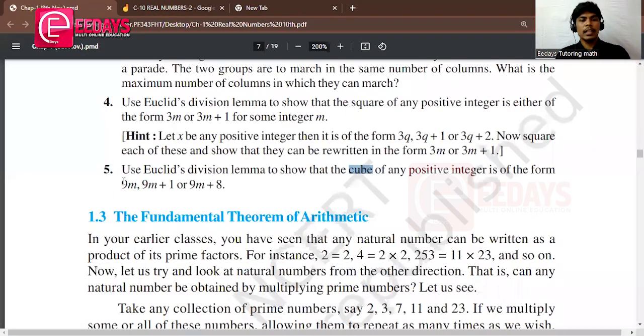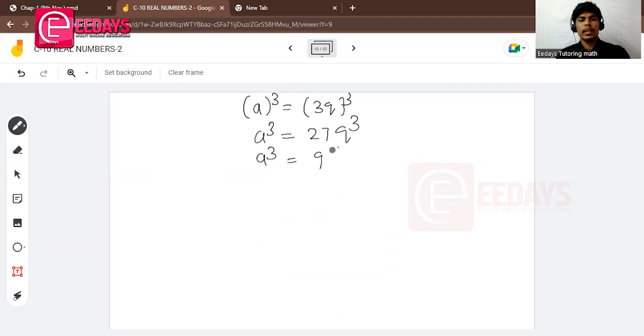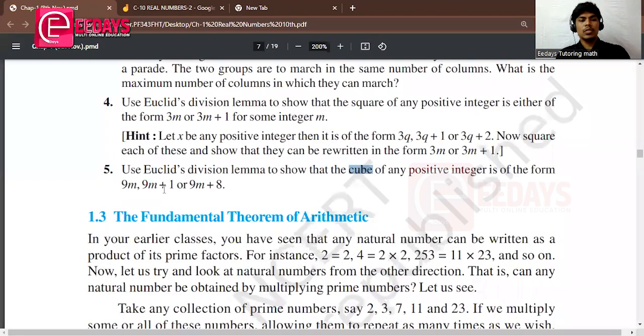Because we have to represent it in the form of 9m. That's why I'm taking 9: 9 into 3q cube. Now the whole bracket, what was inside, you can take as m. So that's why we'll get 9m. So the first thing, 9m, we have found.